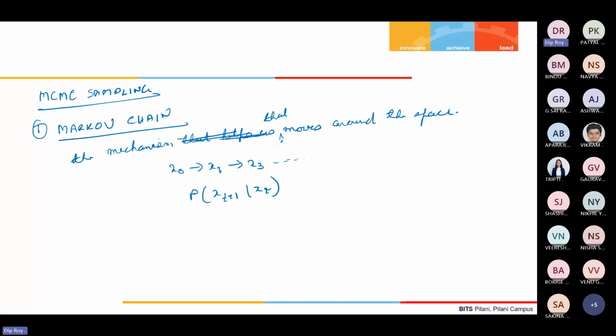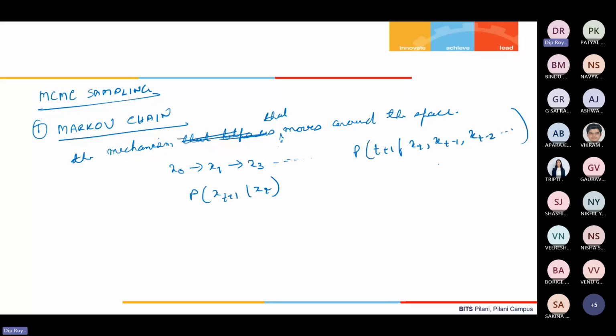Now, typically when we say Markov chain, it means that you just remember the previous state. When you go to the next state, you just remember the current state. So unlike here, we don't have this, and so on.